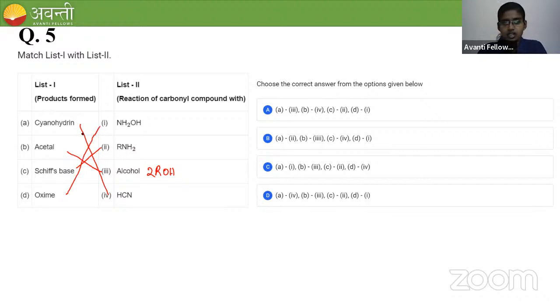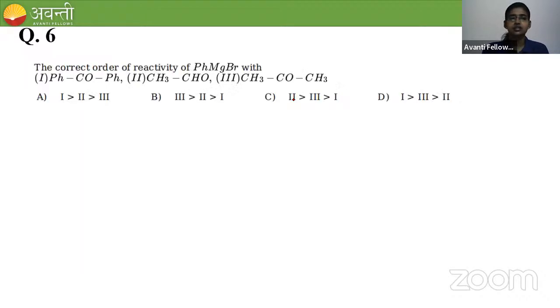So this is the match, and A goes to 4 is given only in option D. So option D is the correct answer for this match. Yes, option D is the correct answer. Good. Shall we move on to the next question? Yes. We'll go for the next question.